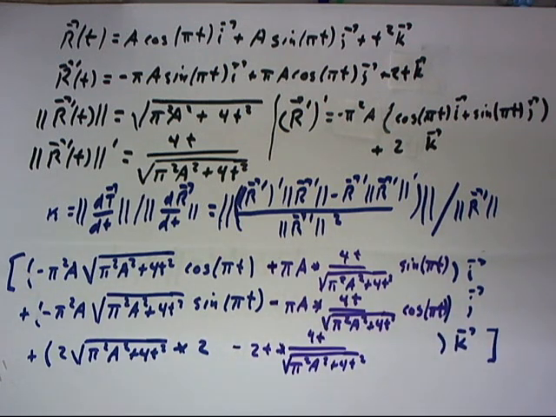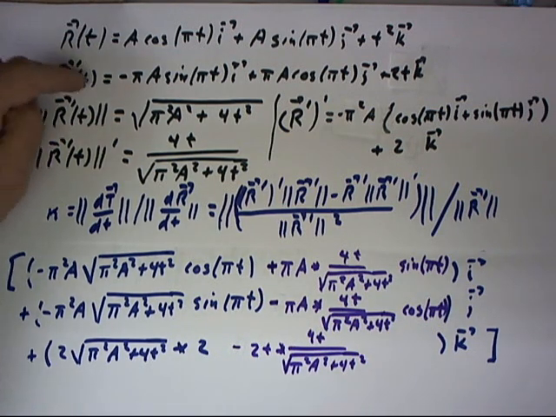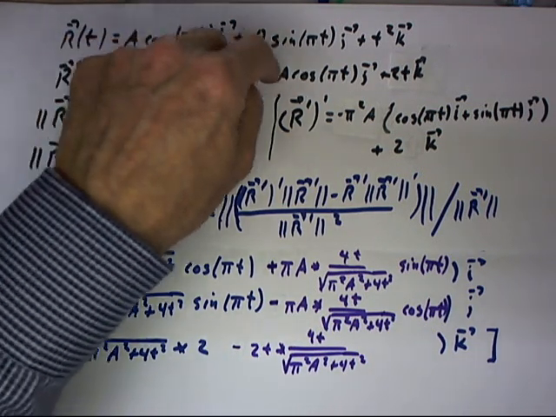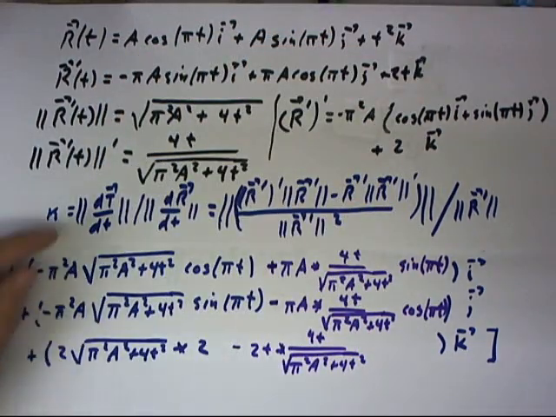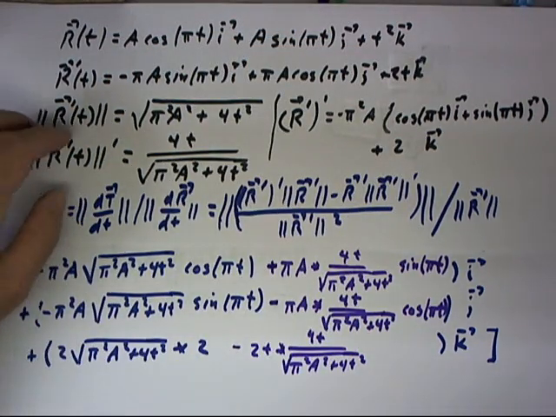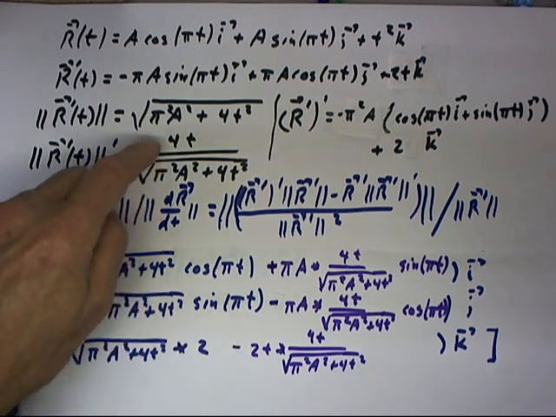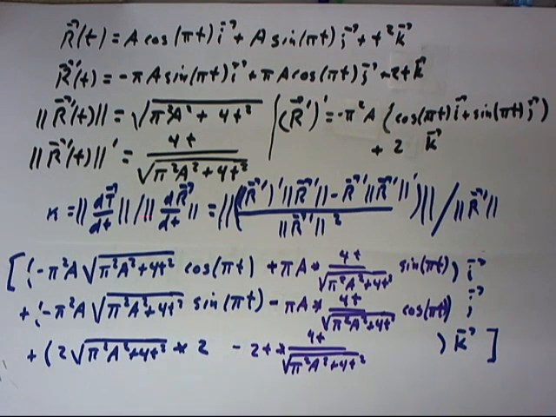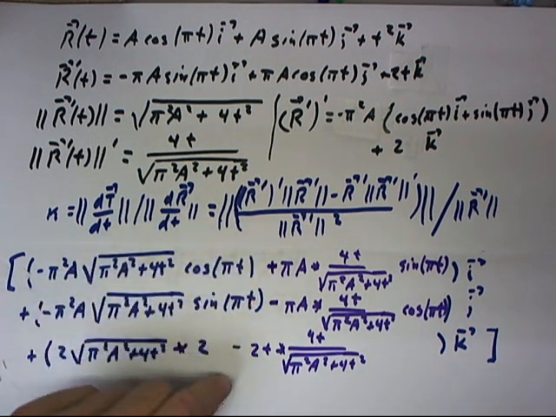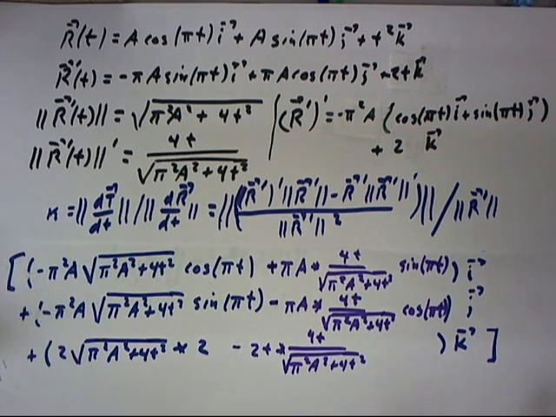In any case, I believe now that this is correct, because our r prime has a negative on the i, positives on the j and k. Our r prime prime, magnitude of r prime prime is a positive, so that we're going to have a positive and then two negatives. Now we collect this into one expression, and then we can begin to analyze it.